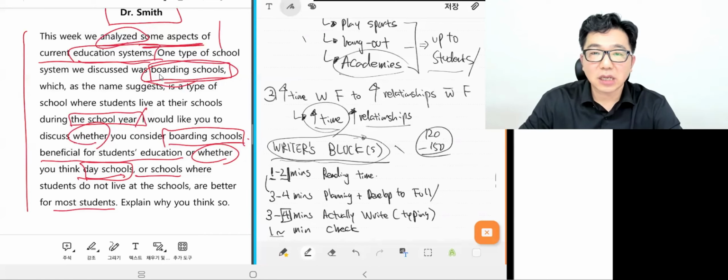Okay. So let's say you use 2 minutes reading all the passages and information, and then you use 4 minutes planning and developing, then that's 6. You need to type within 3 minutes to have 1 minute left. Or read within 2 minutes, and you finish planning and developing in 3 minutes, then you use 5 minutes.